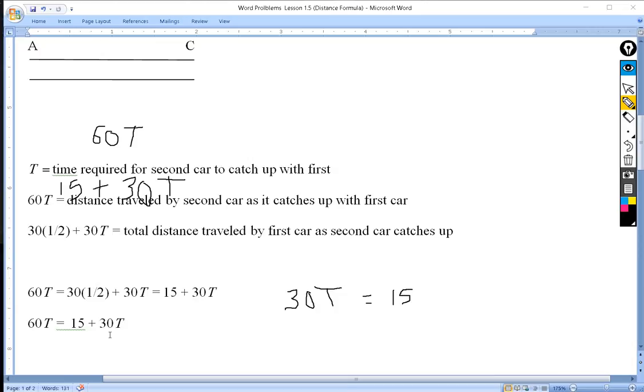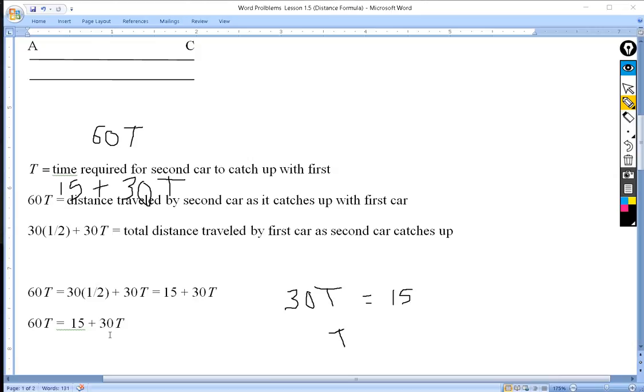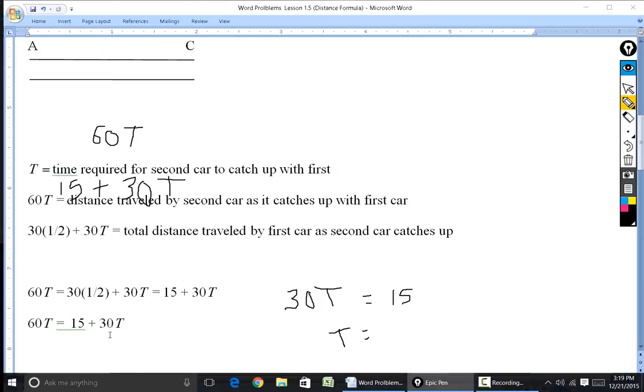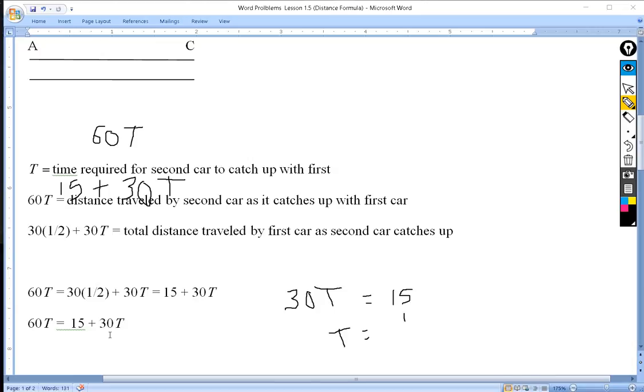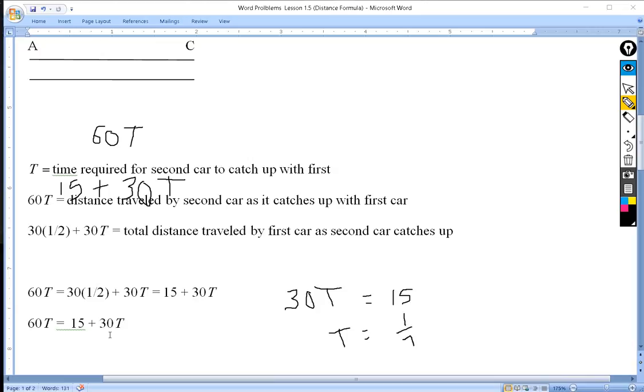So I get 30t is equal to 15. I divide through by 30, and I get t equals 15 over 30, which reduces to 1/2. So that tells me that the value of t is 1/2, and this is in hours.